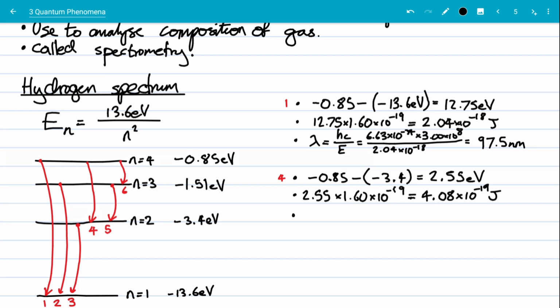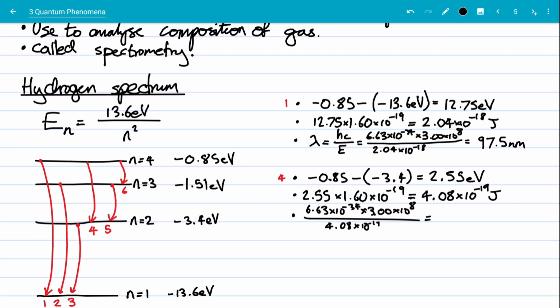And then the last step, which was to do 6.63 times 10 to the negative 34 times the speed of light, 3 times 10 to the 8, all divided by that amount of energy in joules, which will give us the wavelength.